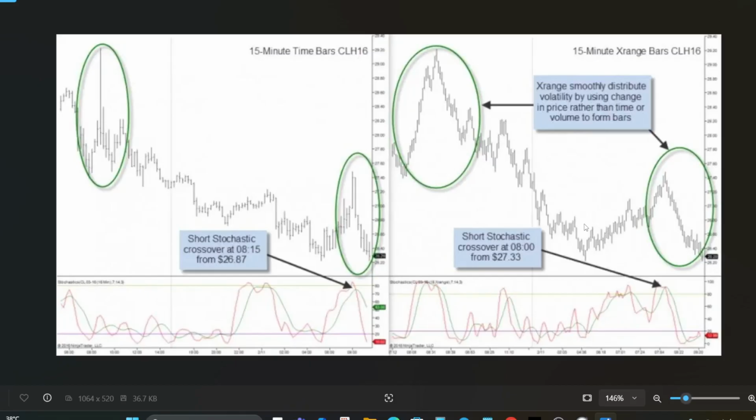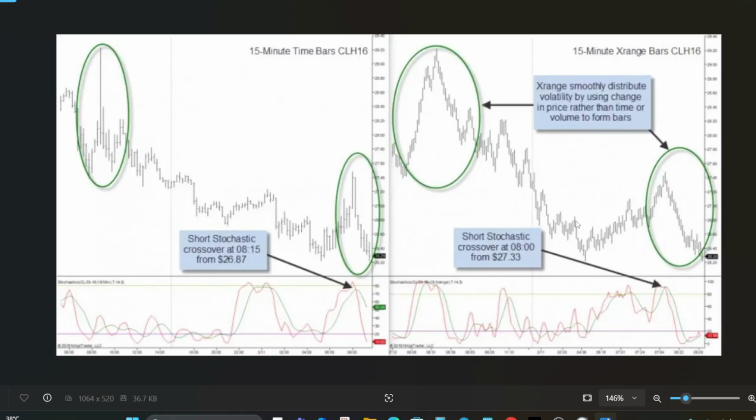And it helps you identify trends and reversals with better accuracy, which is crucial for making informed trading decisions. By focusing on the most significant price movements, it allows you to trade more efficiently without getting bogged down in unnecessary details.